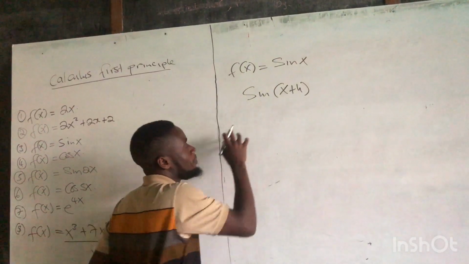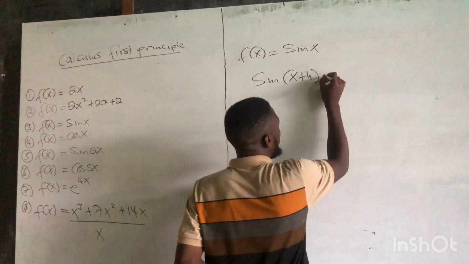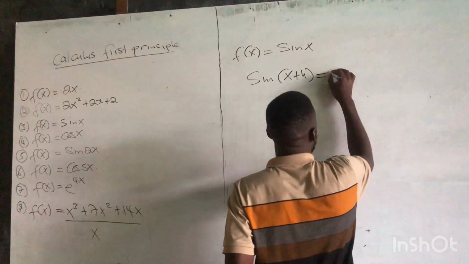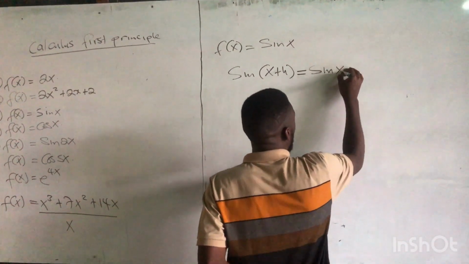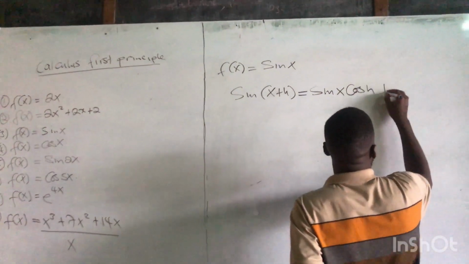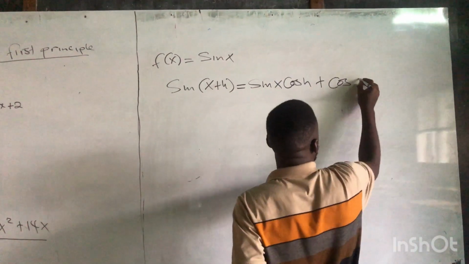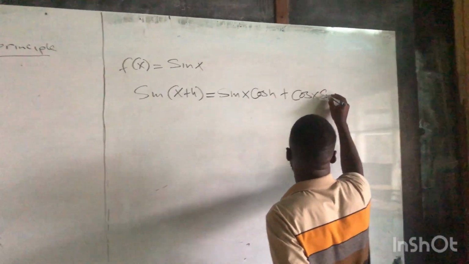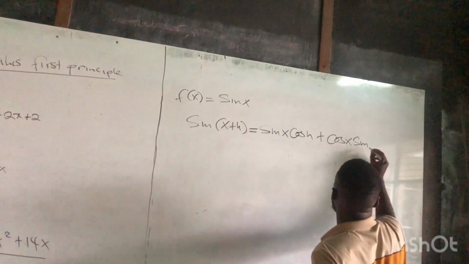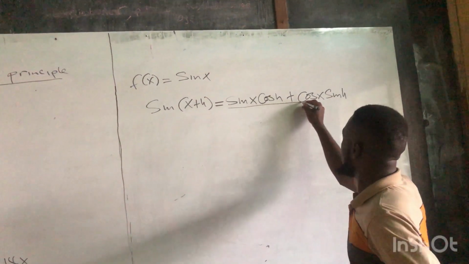If you have sine open x plus h, use the double angle formula here. This will be sine x cos h plus cos x multiplied by sine h.